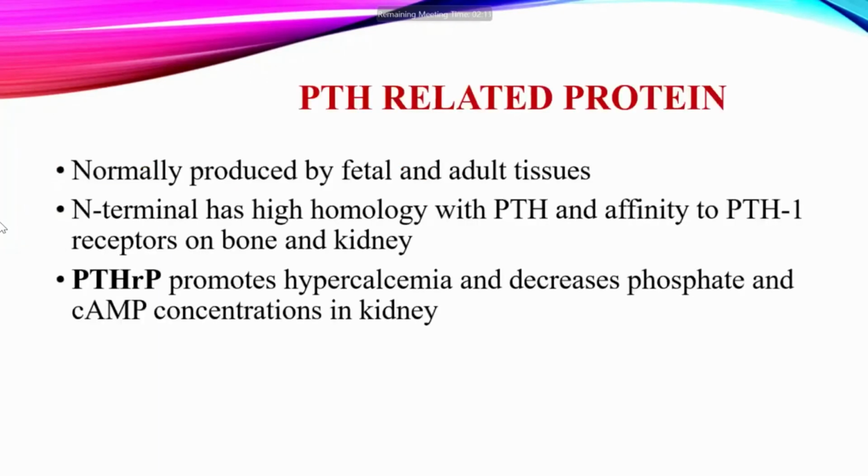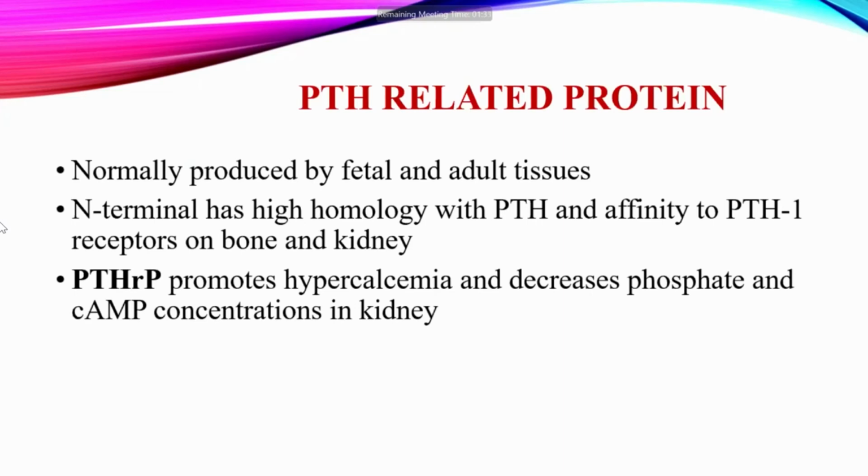Now the parathyroid hormone related protein, also called PTHrP, is normally produced by fetal and adult tissues. The N-terminal sequence of this protein has high homology with parathyroid hormone, and they have an affinity to the parathyroid hormone receptors present on the bone and kidney.